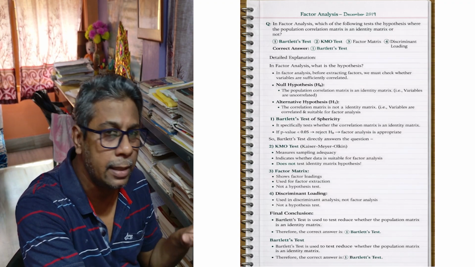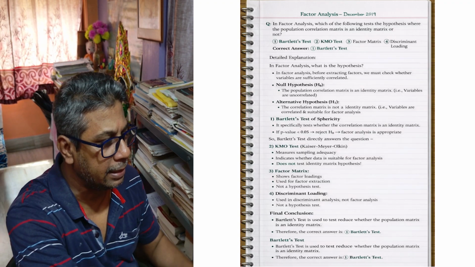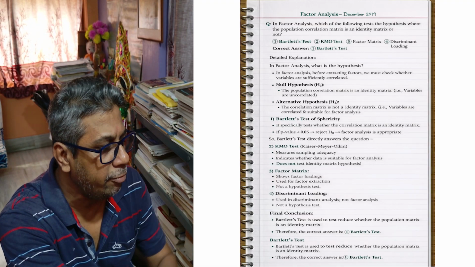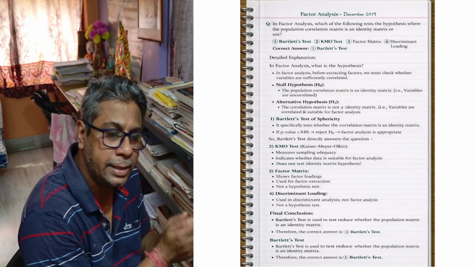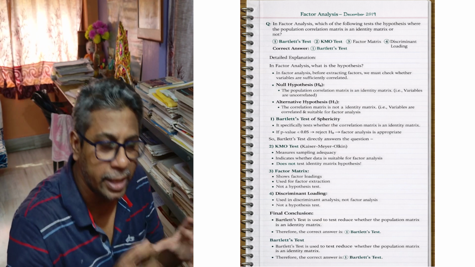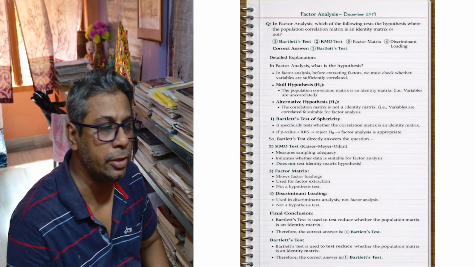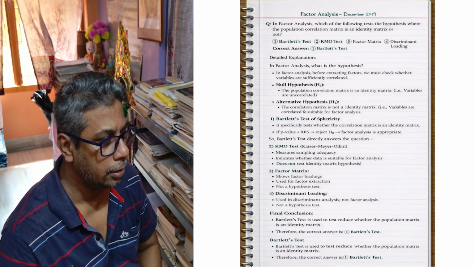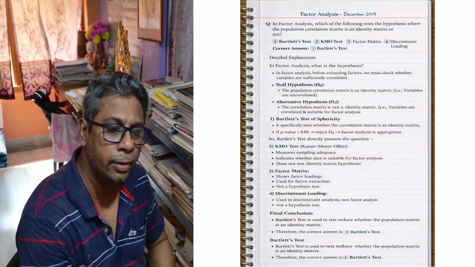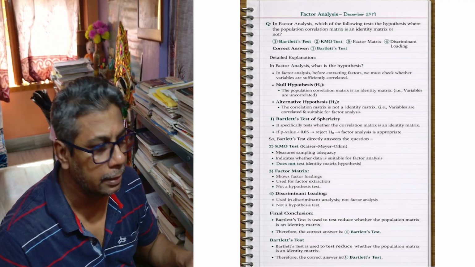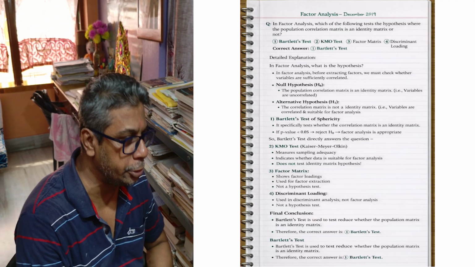Why? The detailed explanation: in factor analysis, we must first understand the hypothesis. Before extracting the factors, we must check whether the variables are sufficiently correlated or not. So in hypothesis testing, first of all we set the null hypothesis, H0.